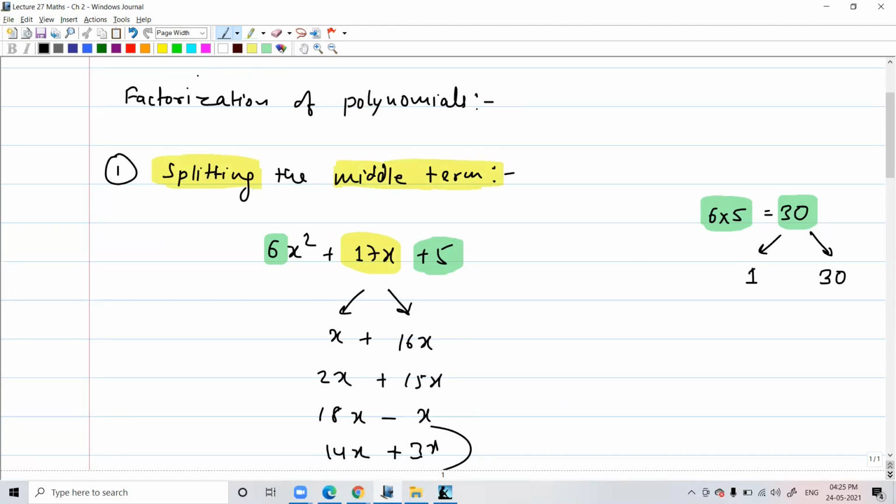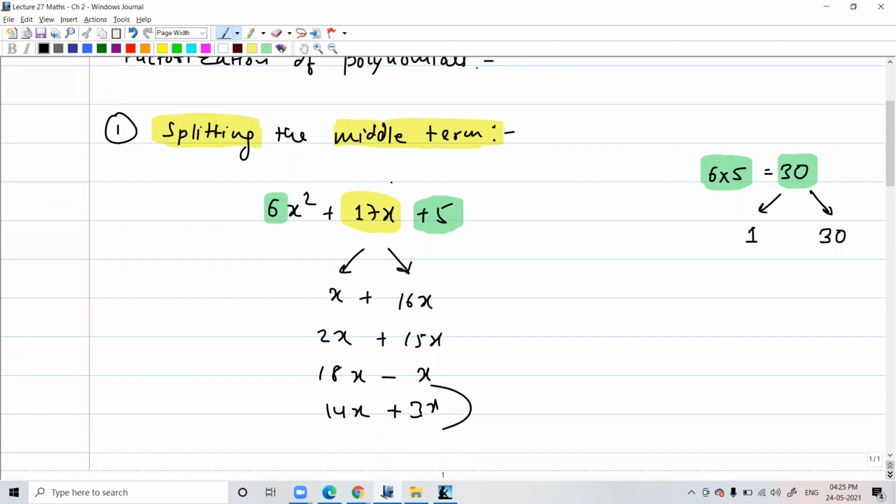Yeah, so what I'm trying to teach you is factorization of polynomials, writing polynomials in their factor form. And here, as of now, we are learning the first method, that is the splitting the middle term method. We are given a polynomial like this. First thing is you have to write it in the correct order, that is decreasing order of the power of the variable.